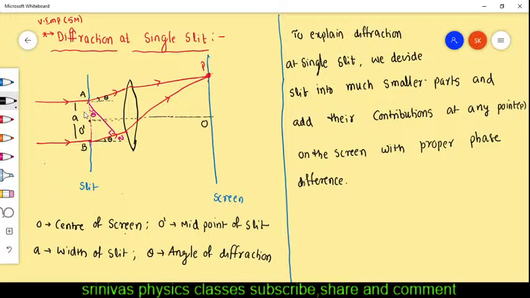We have to divide this into smaller parts, and from each part, what happens? Light contribution is there, because the slit is an opening, so light passes. That means the slit is contributing light, and from each part we have to get the light to point P, and then we add all the parts with the proper phase difference, and based on that we will explain.